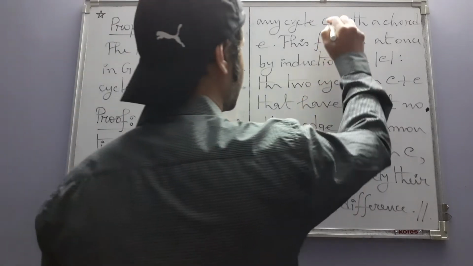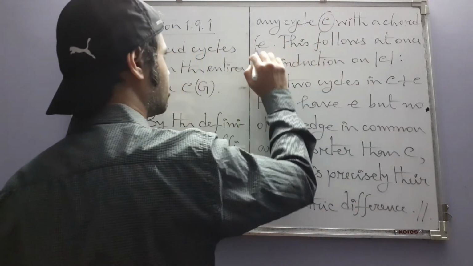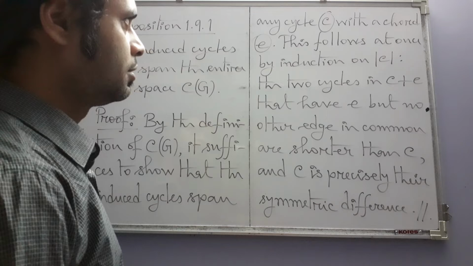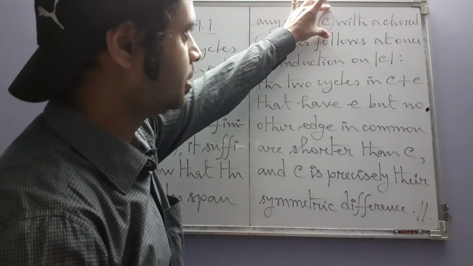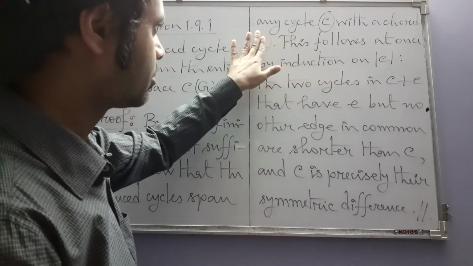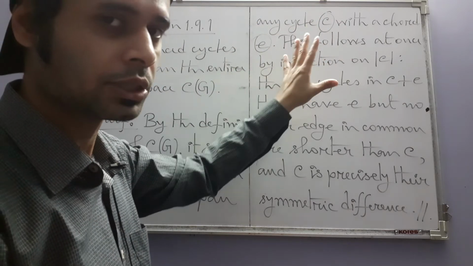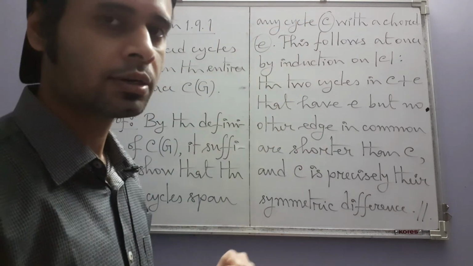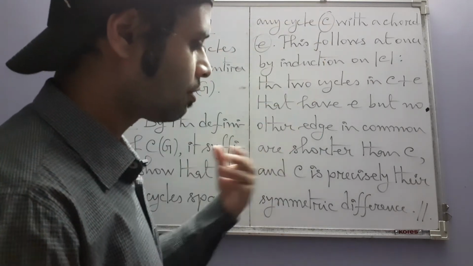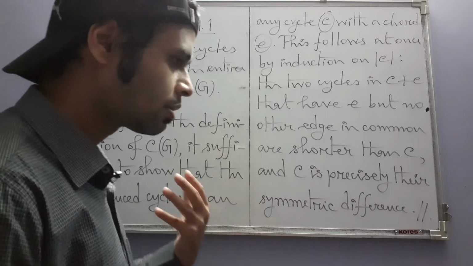So we take a cycle C with chord E, and we want to show that this cycle C, only the cycle, not along with the chord, but a cycle in which there is a chord, is also spanned by chordless cycles.